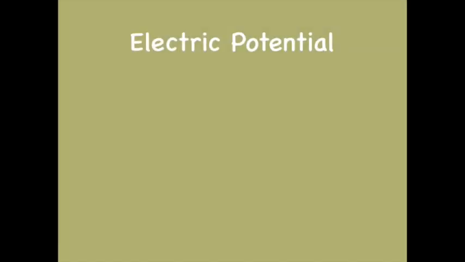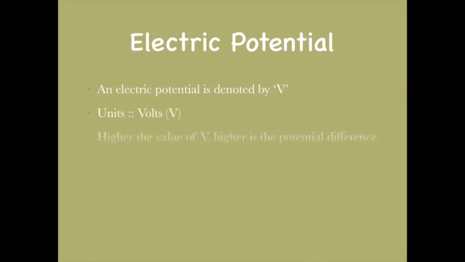On paper, electric potential is represented by the capital letter V. The unit of electric potential is volts. The higher the value of V, the higher the potential difference, for obvious reasons.